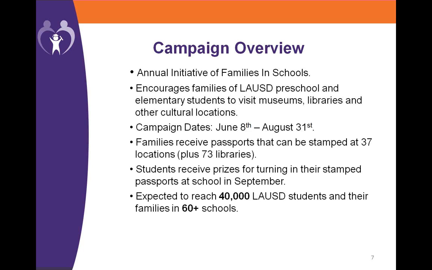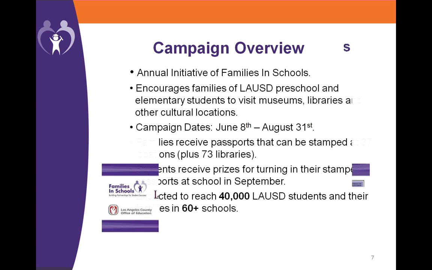We're very excited about that because last year we were able to reach 20,000, so we're doubling our reach this year. We've also increased the number of schools we're partnering with. We're very excited about the number of families that will learn about Passport and will specifically learn about the great opportunities at your various locations.